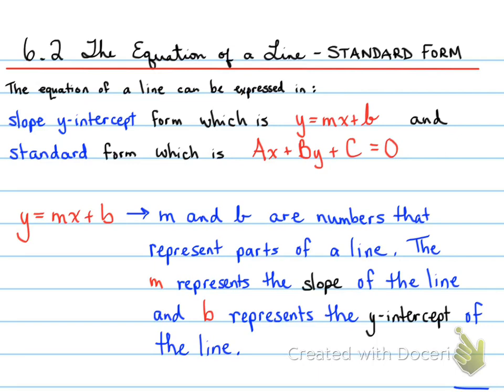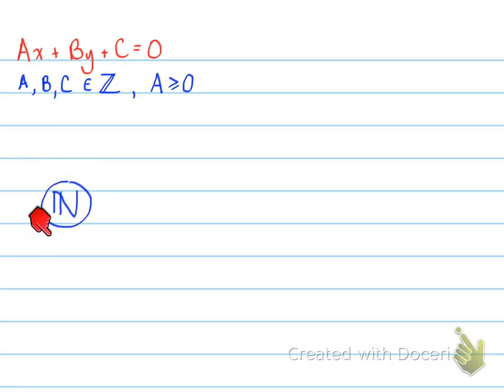Now oftentimes, a linear equation can be expressed in standard form. Ax plus by plus c equals 0 is known as the standard form. Note here, a, b, and c belong to the world of integers. To understand what integers are, I'll give you a little history behind numbers. When you first started to count, you naturally began counting, let's say, on your hands.